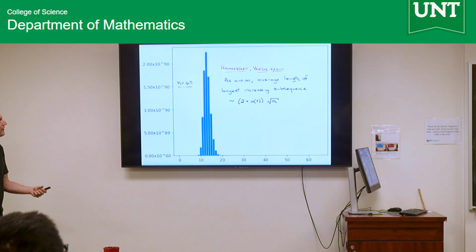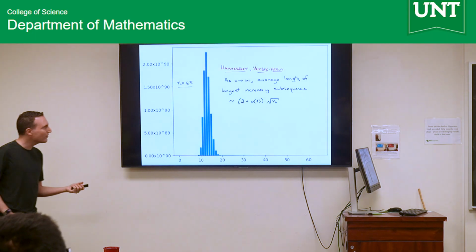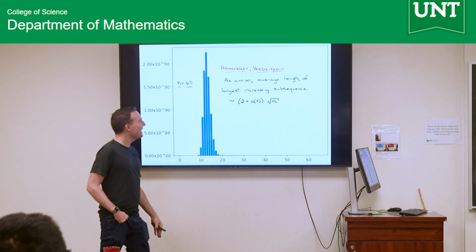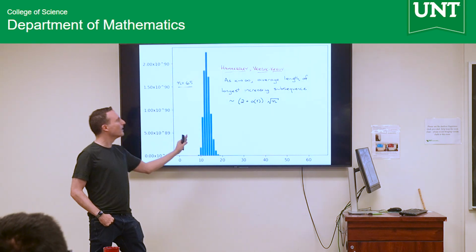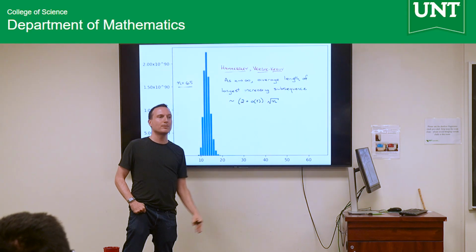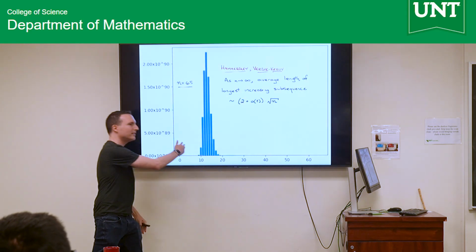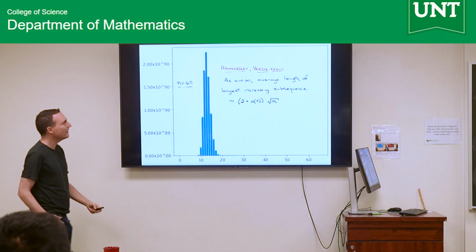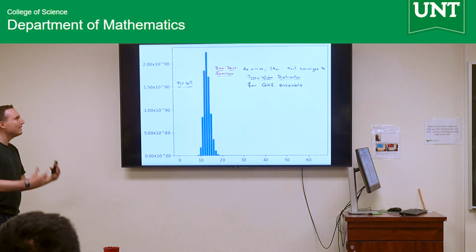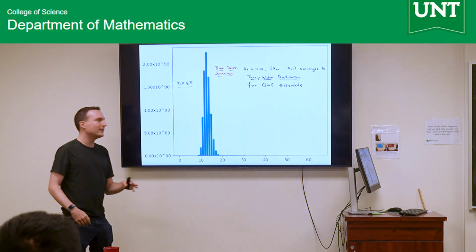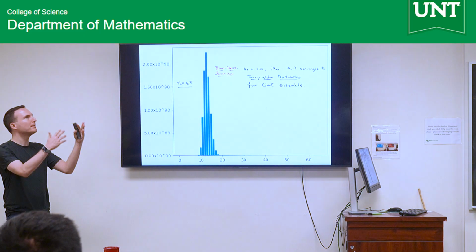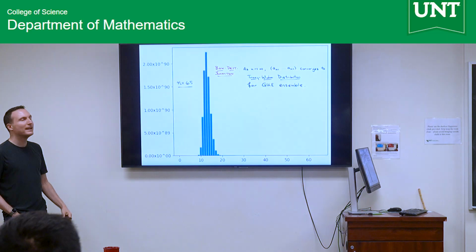And as a matter of fact, there's a result of Hammersley and Vershik-Kerov that as n tends to infinity, the average length, so the mean here, is something that looks a little bit like this. It's basically 2 times the square root of n. So this is always going to peak somewhere around root n. And there's a really famous result of Baik, Deift, and Johansson that relates the limiting shape of this distribution to an object in random matrix theory.